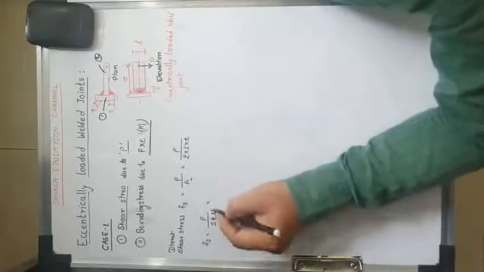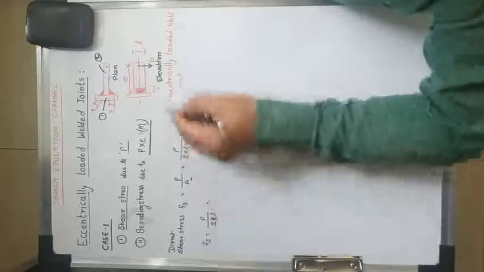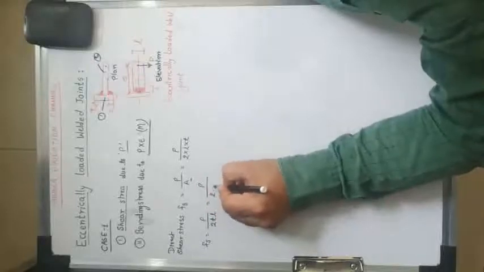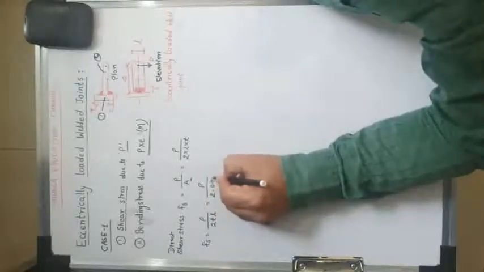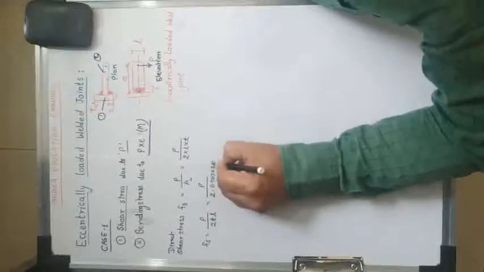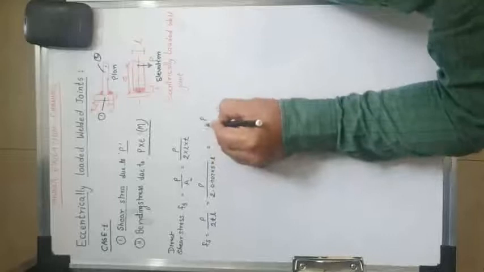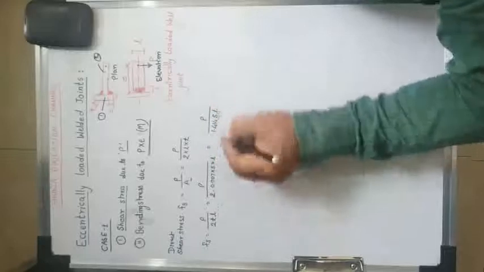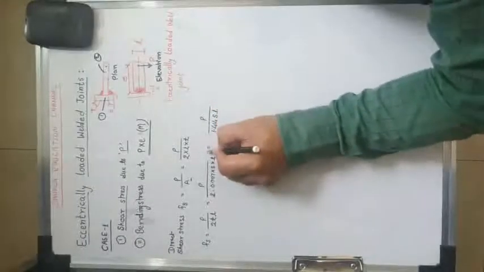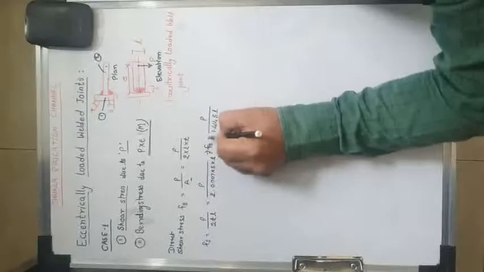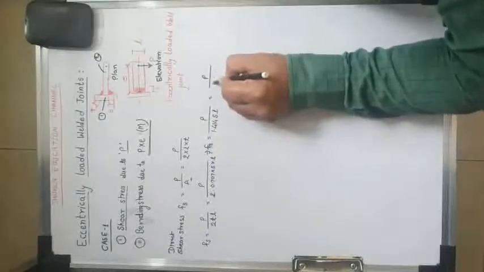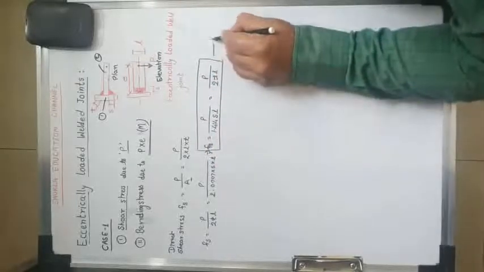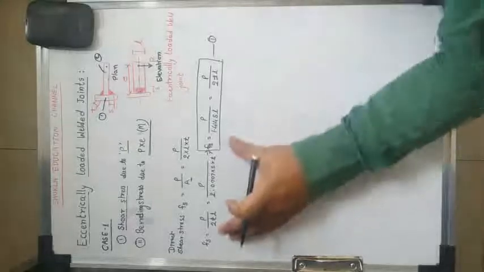Or if T converts to size of weld, then 2 into 0.707 into S into L, that is P upon 1.414 SL. So Fs is equal to P upon 2TL. This is the direct shear stress, equation 1, for both conditions.